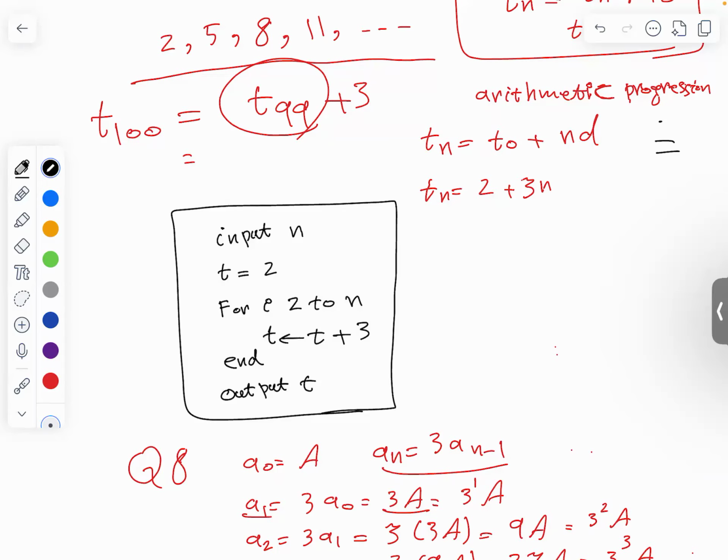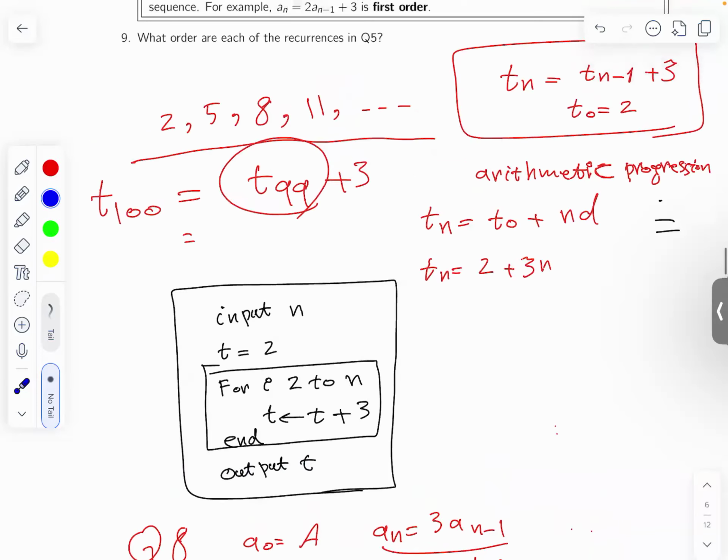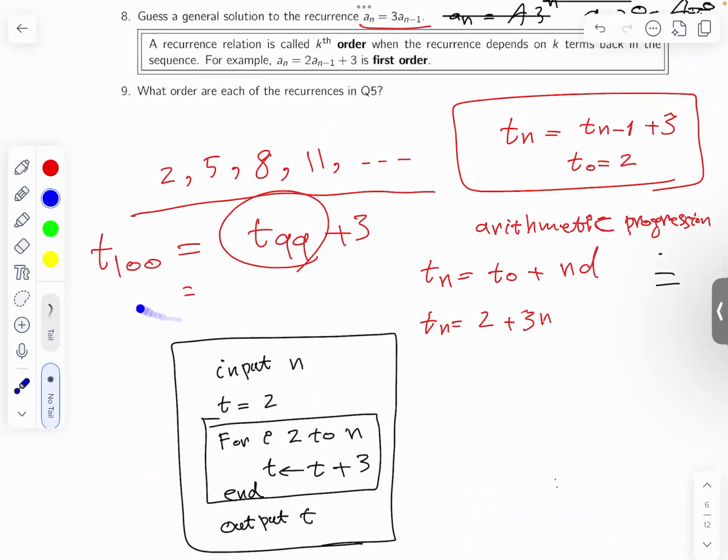Okay. So for n here, output t. If I give here 100 and run it, it will give us T100. But instead of this, if we have a tiny knowledge of maths, we know that this is an arithmetic progression.